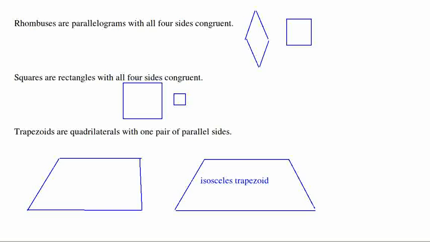Now, let's try to prove some assertions using these definitions. So I will state three assertions and invite you to try to prove them.